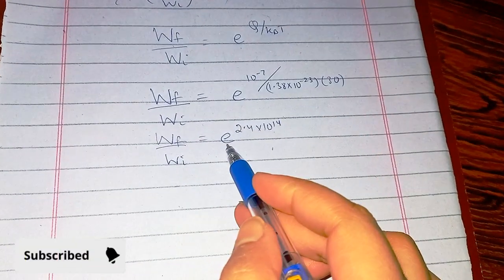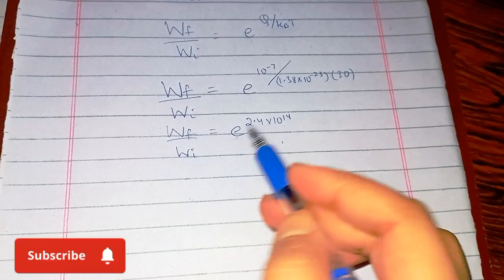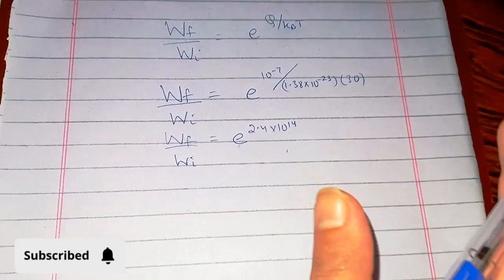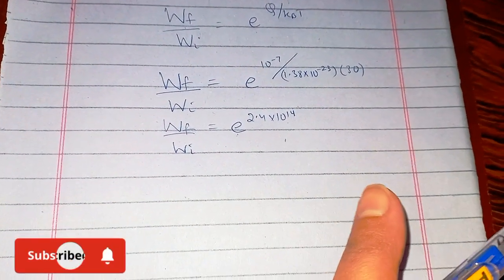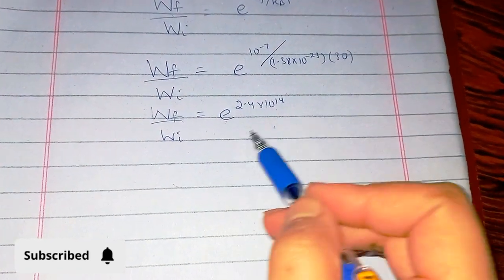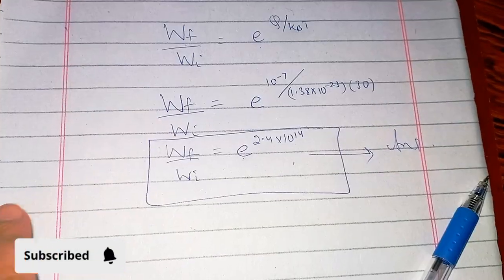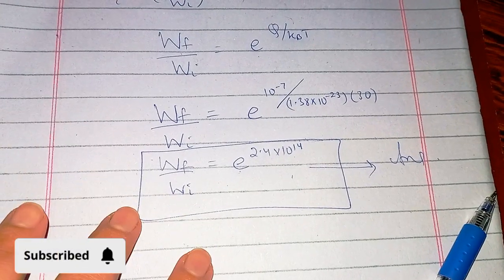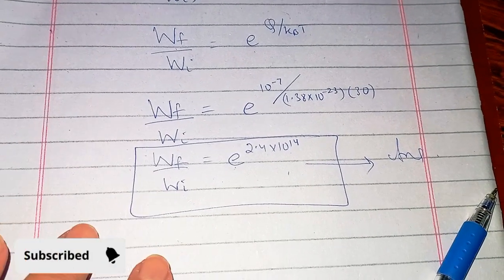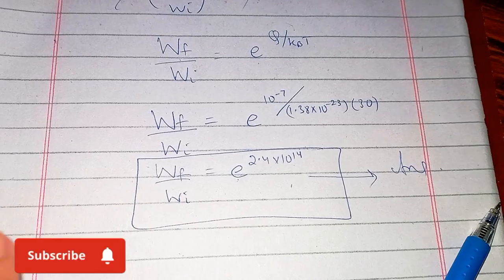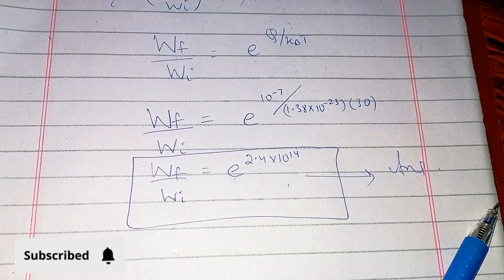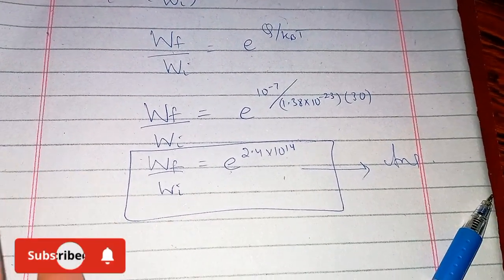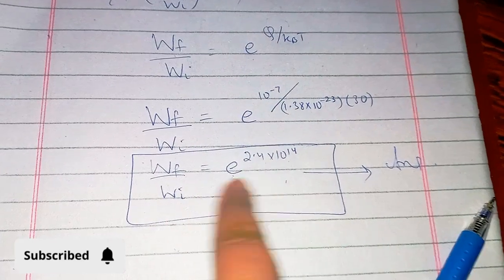You cannot calculate this value using a calculator because it becomes infinity, or an error comes in, because it's a huge value. If you try to calculate e to the power 2.4 multiplied by 10 to the power 14, your calculator will blow out. So you'll write the answer the way it is in this form.